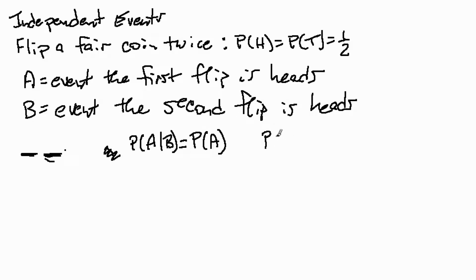Likewise, the probability of B given A is just equal to the probability of B. But let's look at this a little bit.